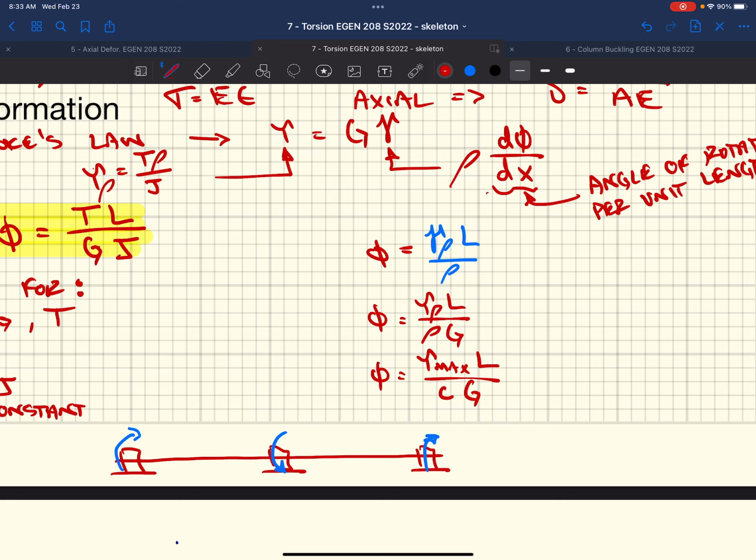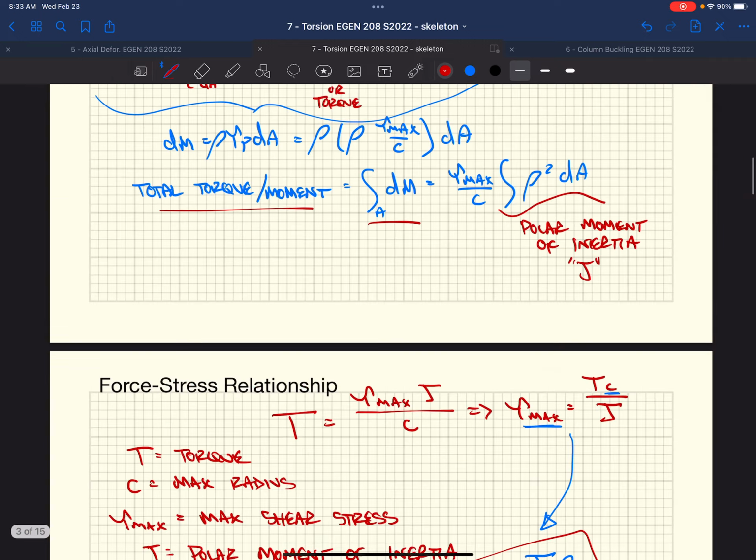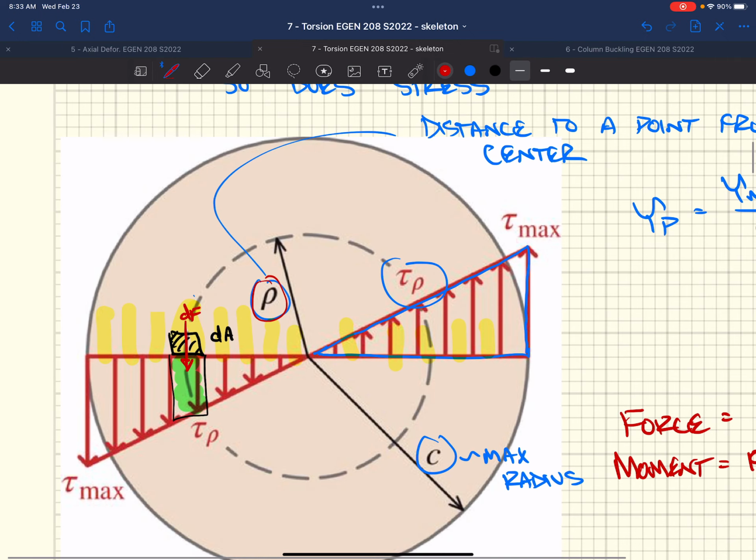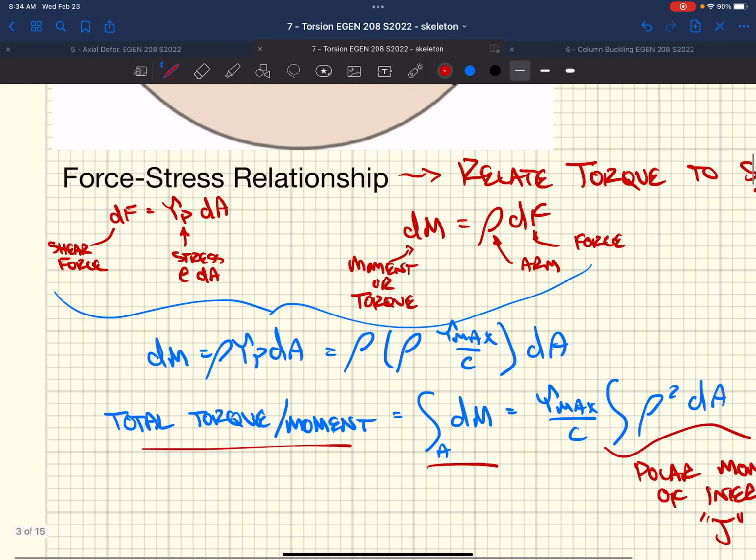Those are effectively the same equations, just with rho equals C for the bottom one, which gives you the maximum shear stress. In one equation you have rho, the radius at which you have the shear stress of rho. In the other you have our max radius, the outside of our shaft, C, which relates to our maximum shear stress. Good question.